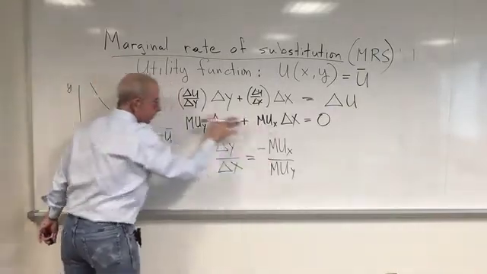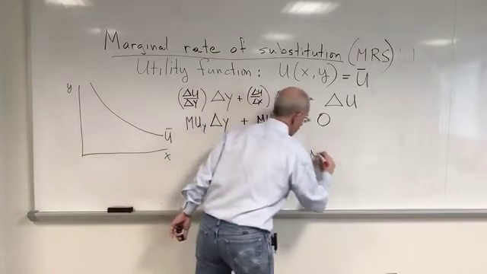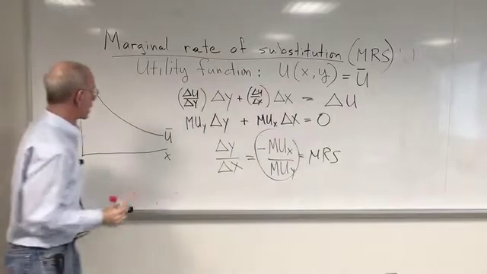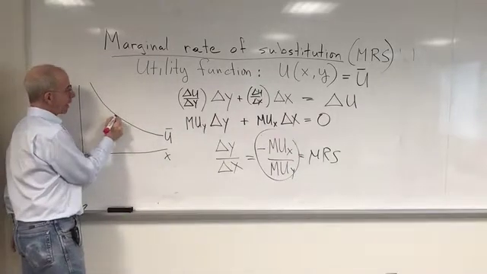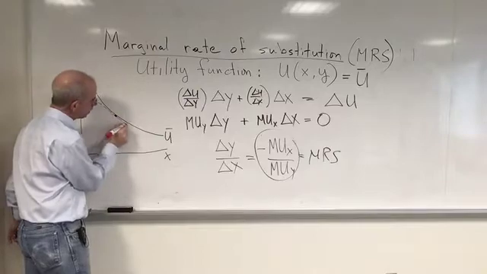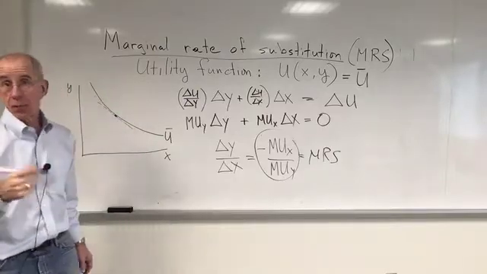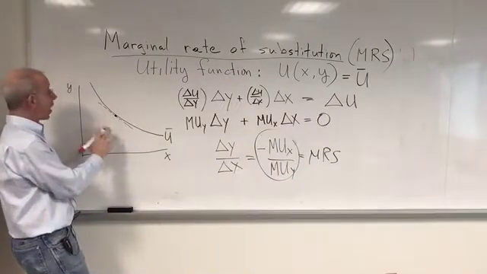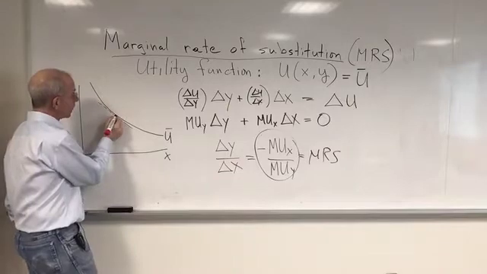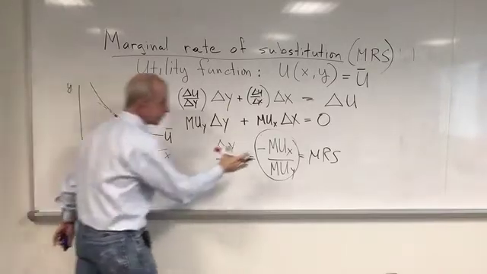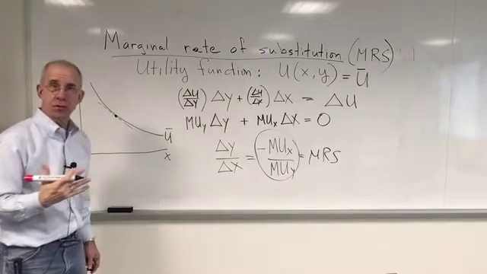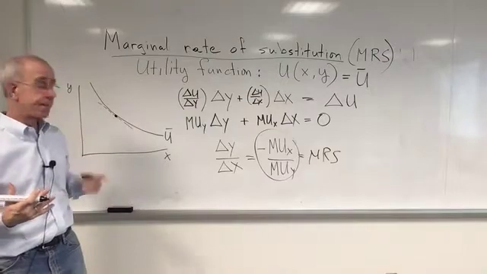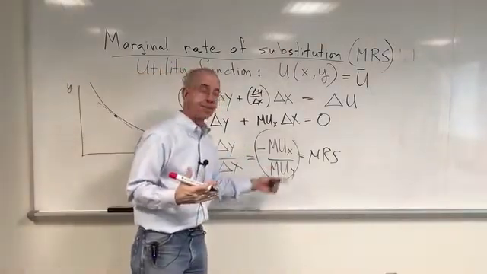What this marginal rate of substitution is, this term on the right, is basically the slope of an indifference curve at any particular point. That slope is going to be the change in Y, the rise over the run. So at this point, there is a value for the marginal rate of substitution. It's just the slope of the indifference curve. And it can be written this way.